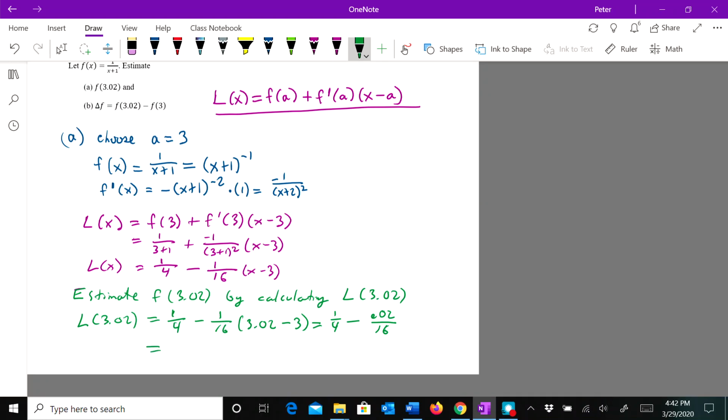So this is going to equal 4 over 16 minus 0.02 over 16, which equals 3.98 over 16, which equals 398 over 1600, which equals 199 over 800. And that's the approximate value of f of 3.02.